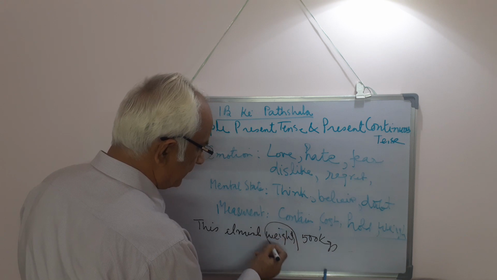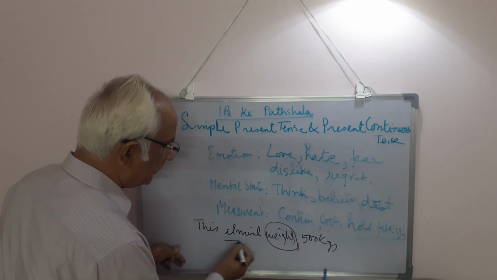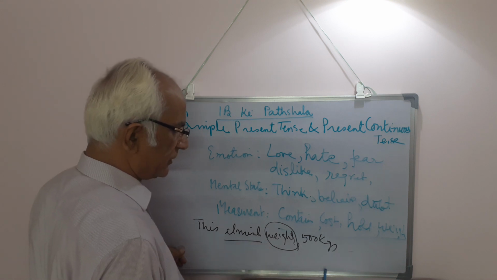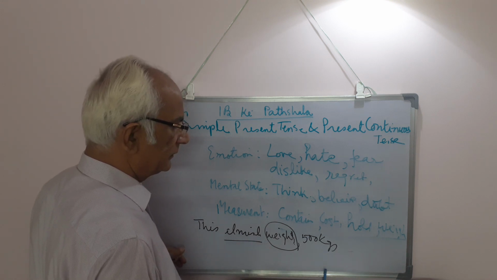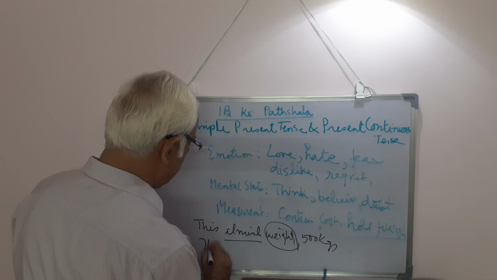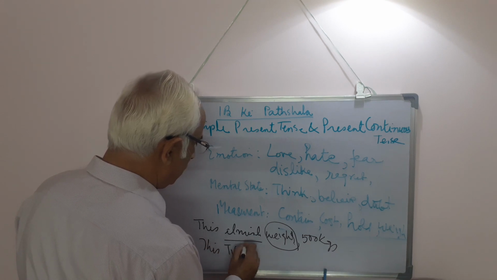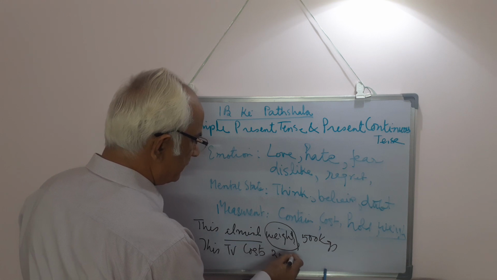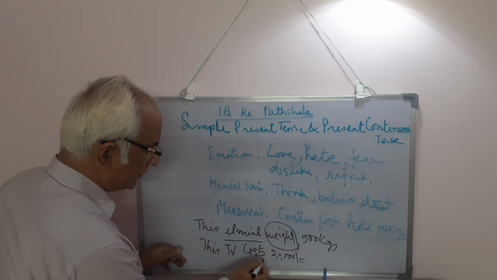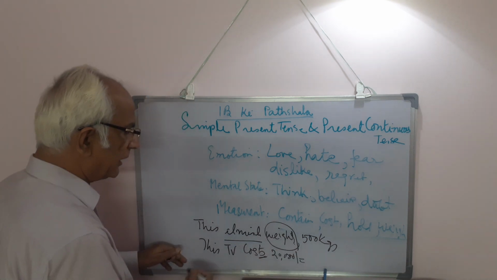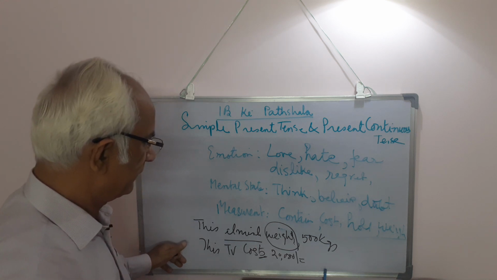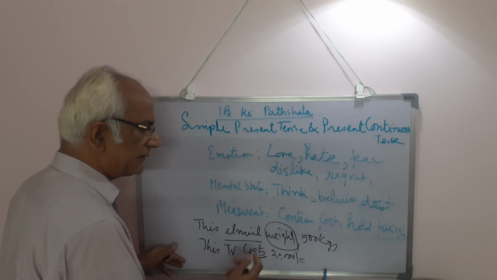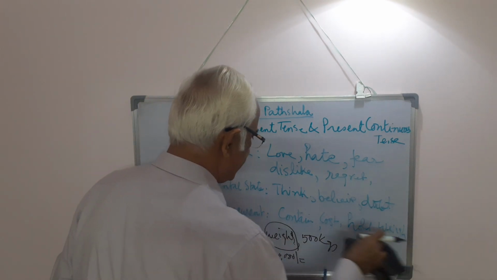So weighs, this is because third person, we have to add s with it, and no helping verb is used. This TV costs 20,000 rupees. Costs, we are adding s because this is the third person. So these are sentences in simple present tense.